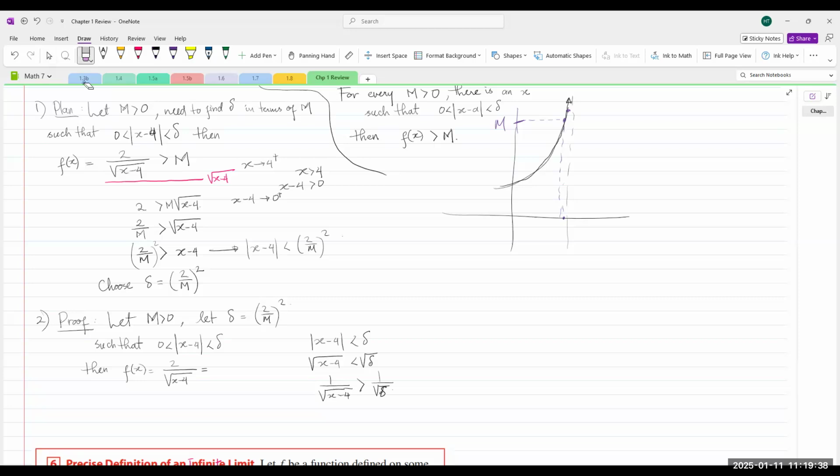Okay, so this will be greater than 2 over square root of delta. Okay, but square root of delta is 2 over m, which is then we get m.